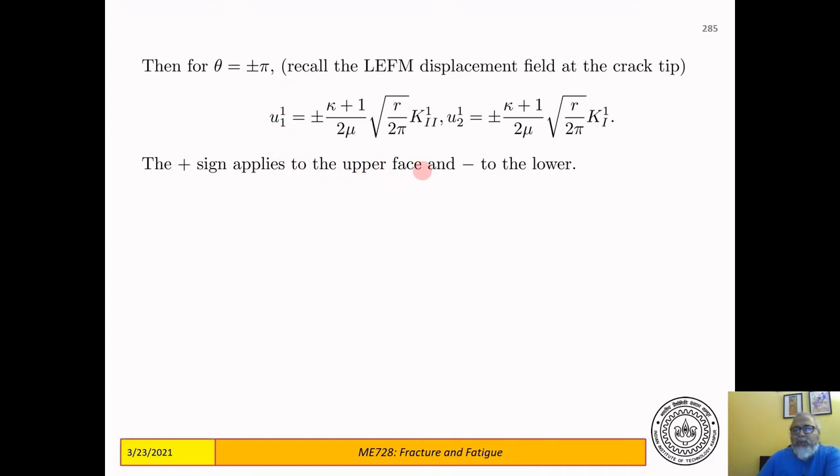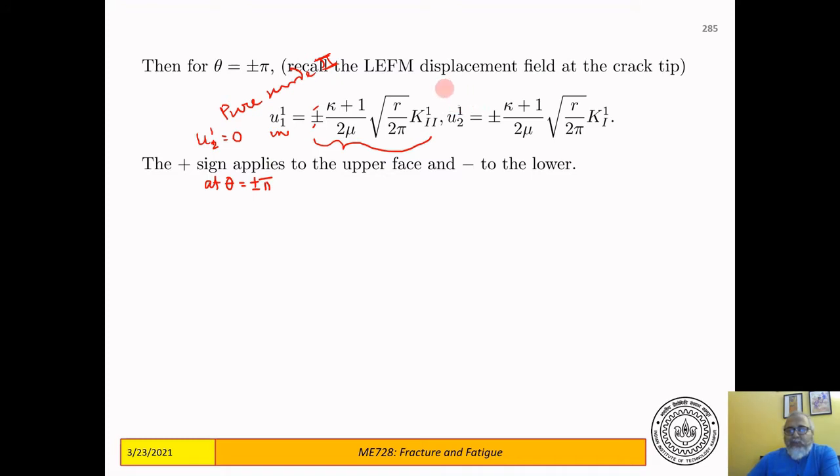In case of pure mode 2, U^1 is this quantity, where the plus is for the upper crack face and minus is for the lower crack face. And for pure mode 2, U_1^1 is equal to 0 at theta equal to plus minus pi.